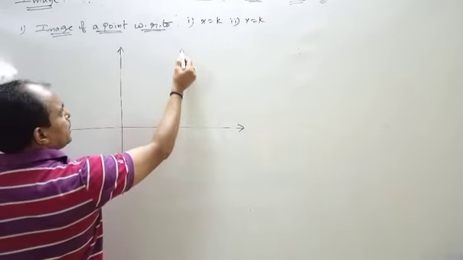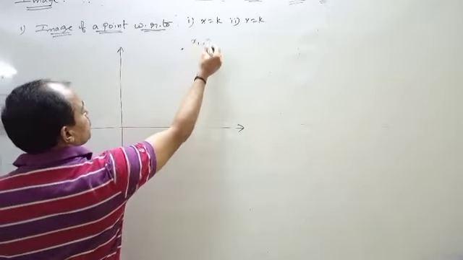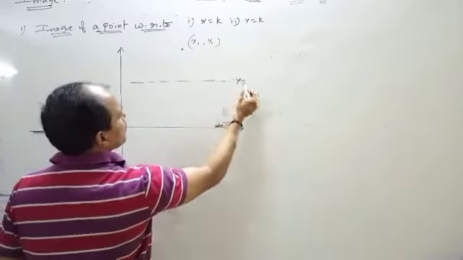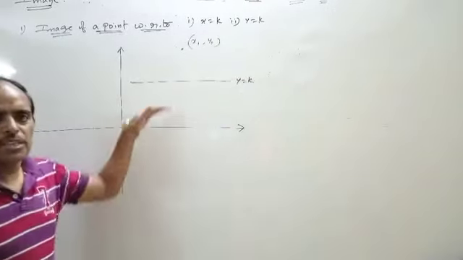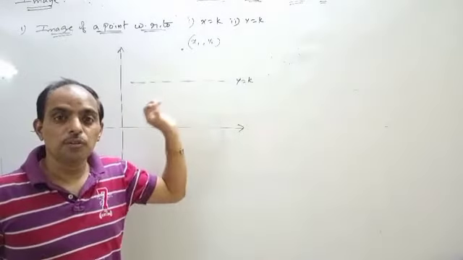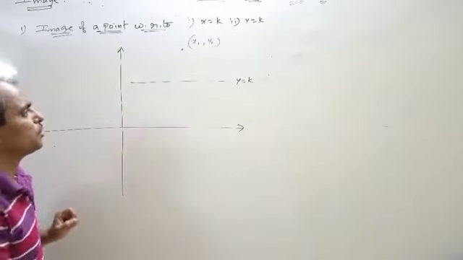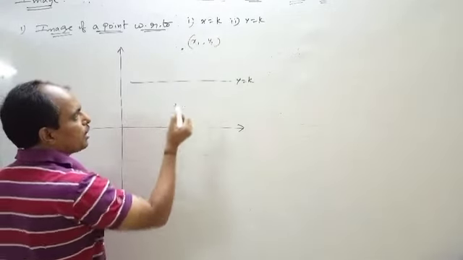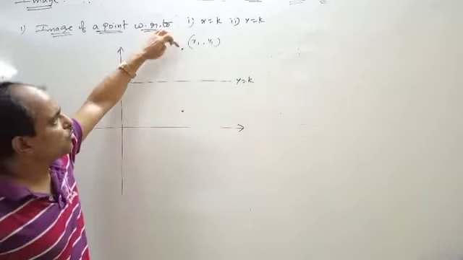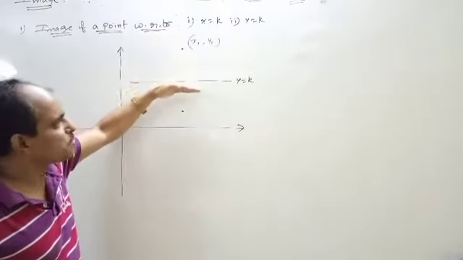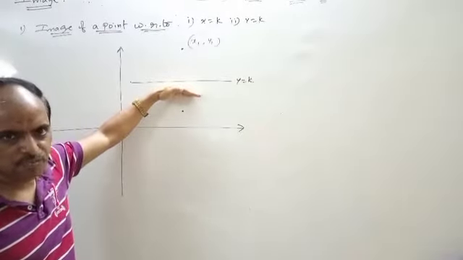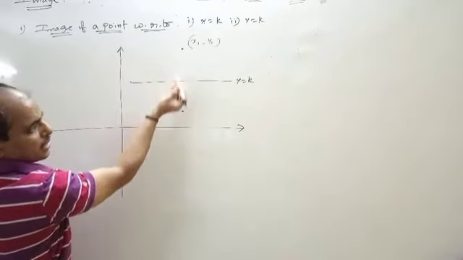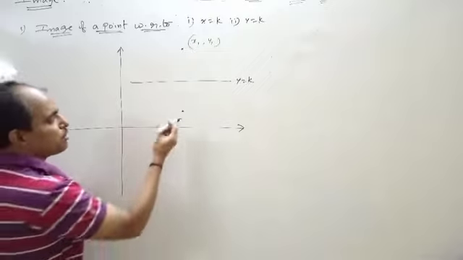Here is a point (x1, y1), and here is a line y is equal to k. Y is equal to k means a line parallel to the x axis. Remember that word. So the image will be here. We have to find the image of this point with respect to this line. So the image goes like this, it reflects like this. We have to find this point.